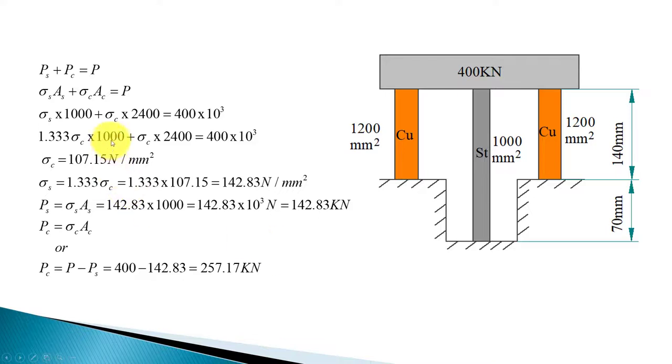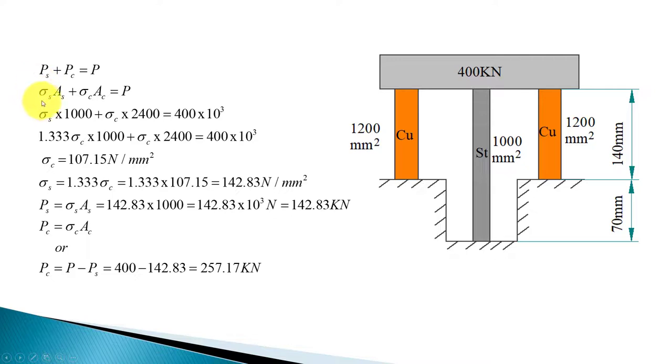Now you can find out the load taken by each material. We know that the total load is supported by these three rods, and I am considering the two copper rods as one. PC is the load taken by both the copper rods together, and PS is the load taken by the steel rod. So PS plus PC supports the total load of 400 kilonewton.